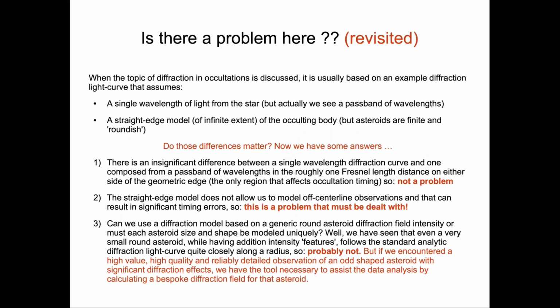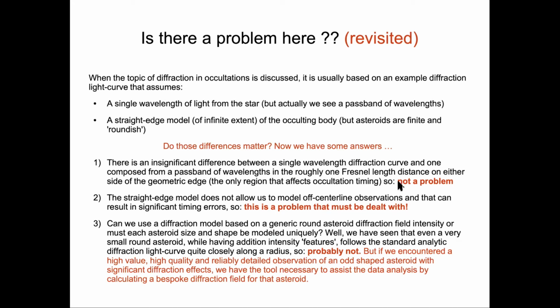So I started with a couple of questions, and I wondered about whether the single wavelength of light from the star mattered, because we see a pass band, and whether that straight edge model of the occulting body mattered. And I now have some answers, what I consider answers. I think what we saw was that there's just an insignificant difference between a single wavelength diffraction curve and one composed of a pass band, at least over that roughly 1 Fresnel length distance on either side.